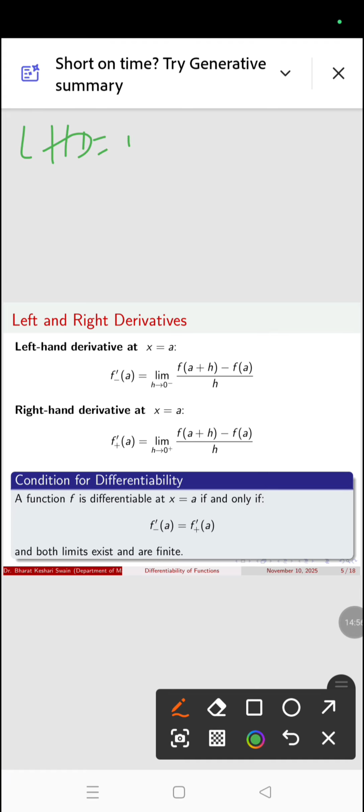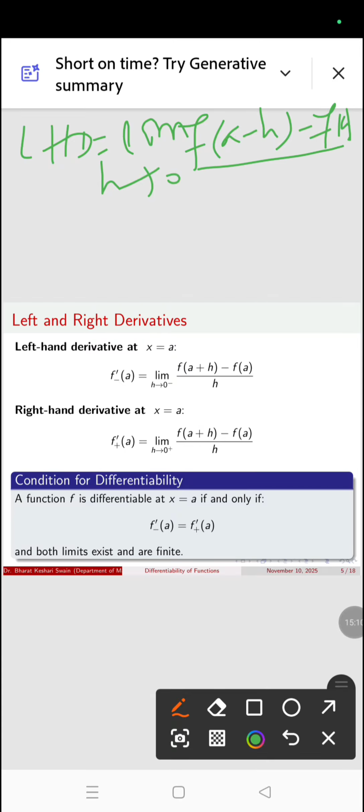This is your limit h tends to 0, f of a minus h minus f of a, divided by h.